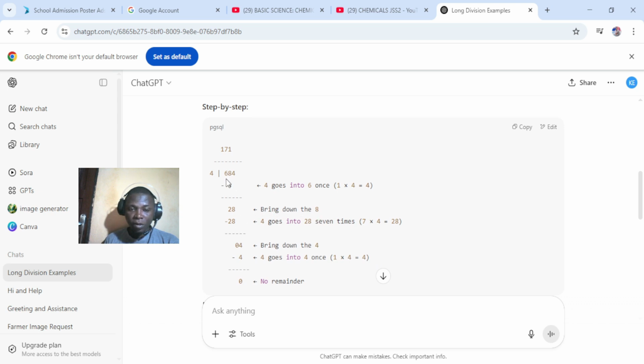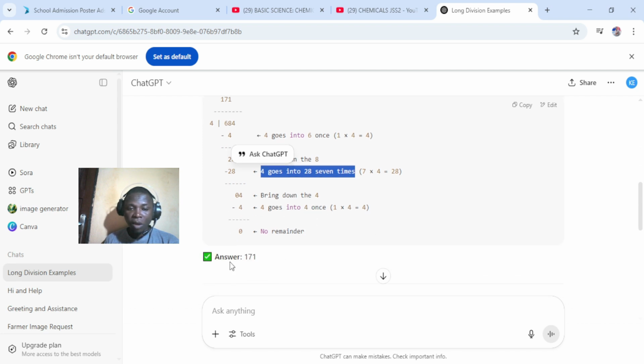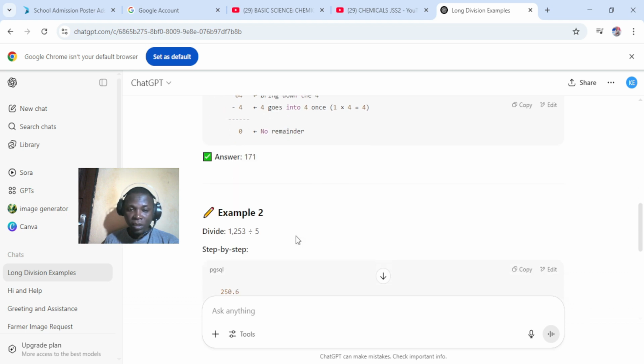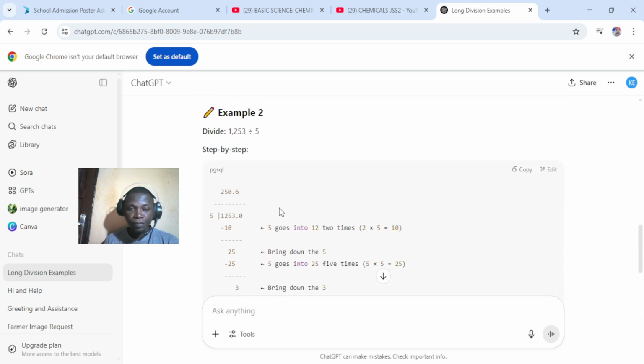When you minus 4 from the 6, it gives you 2. So you bring down 8. Okay, so you now have 28. Then it says 4 goes into 28 7 times, which is 7 times 4 gives us 28. So bring down 4. It goes into it once, which is 1 times 4, no remainder. So our answer is what? 171. That's well explained. Let's look at example 2.